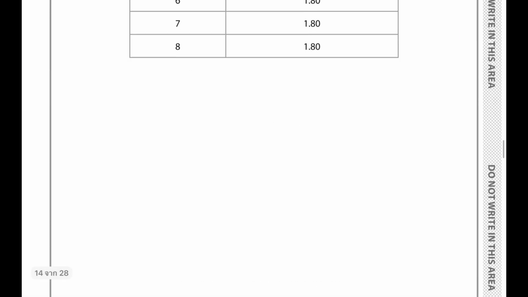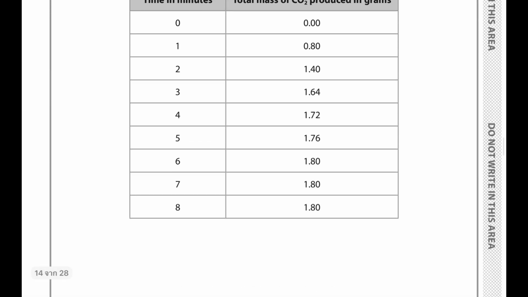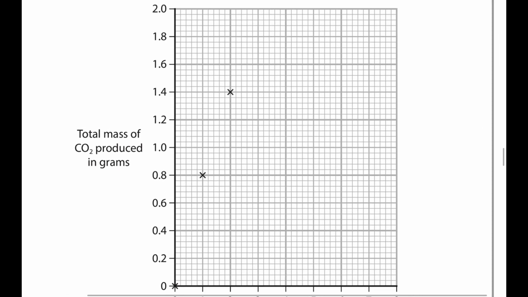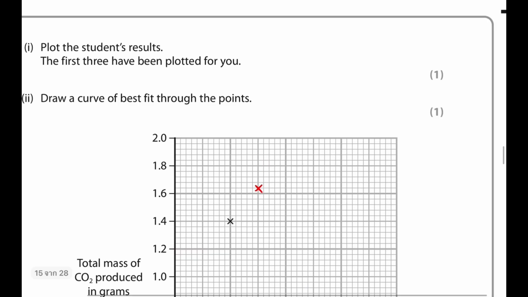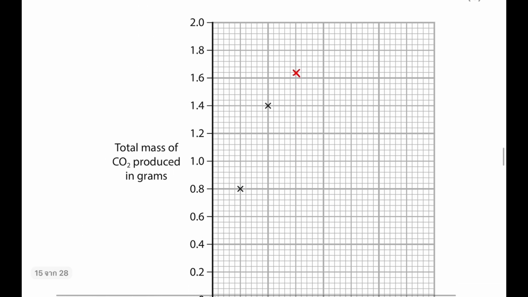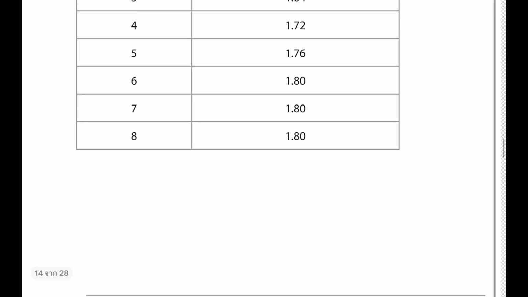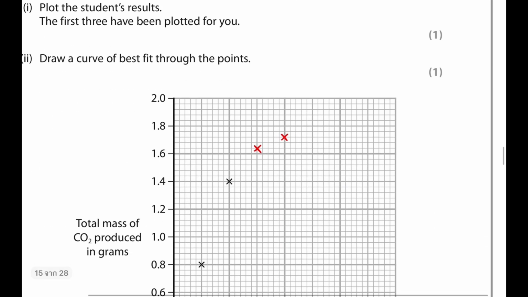Okay, so we will have 1.64, so it will be this one. Okay, 1.64, and then 1.72 at 4, 1.68, 1.72, and then 1.76.